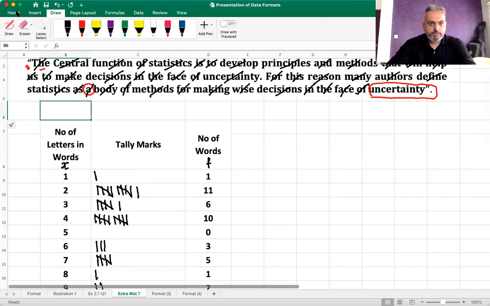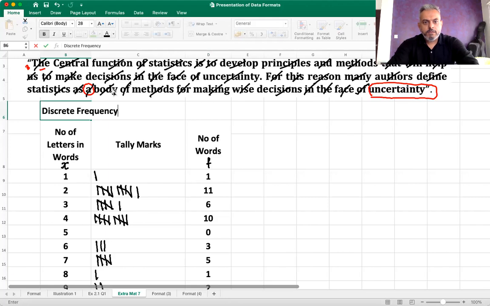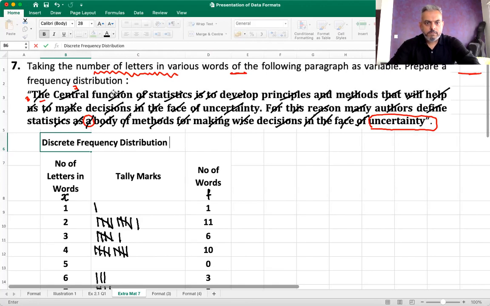The title, write the title, this is important. Discrete frequency distribution showing number of letters in various words.